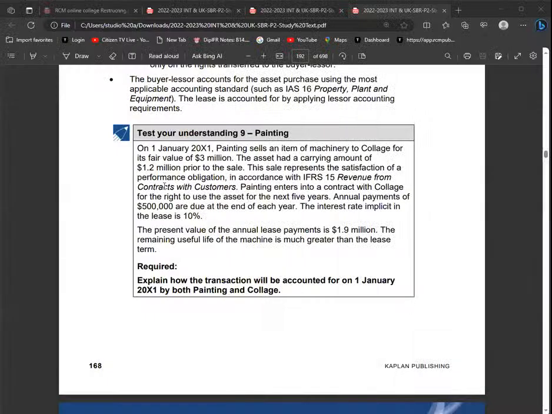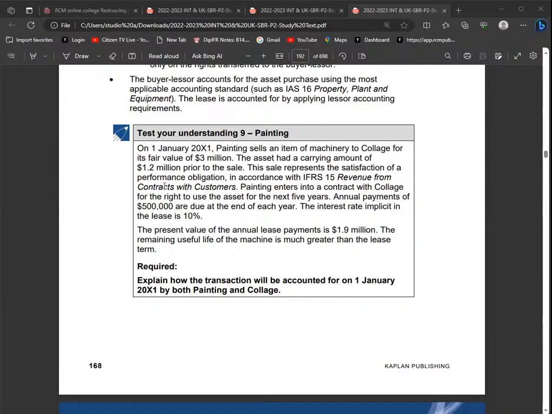We are told that on 1st January 2011, painting sells an item of machinery to college for its fair value of 3 million. So the fair value is 3,000, cutting the 3 zeros. The asset had a carrying amount of 1,200, the same as carrying value.